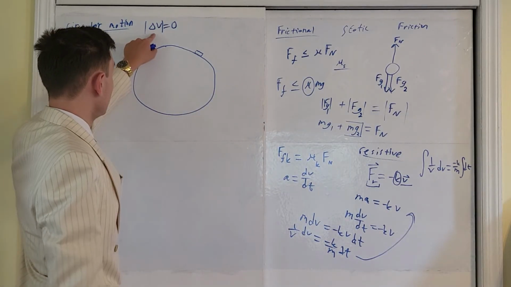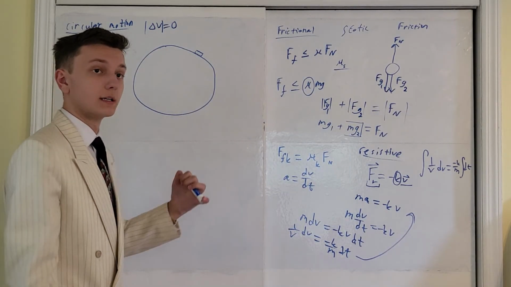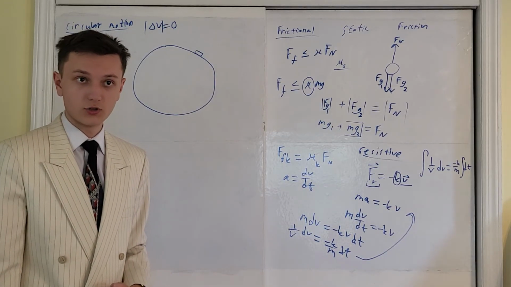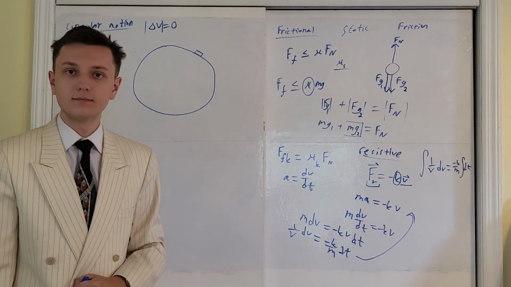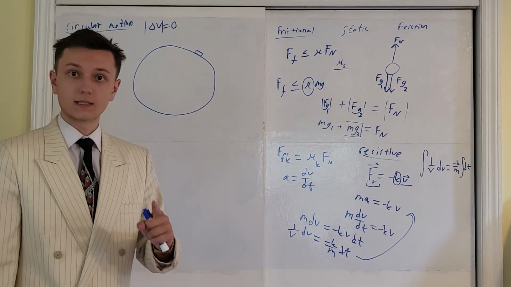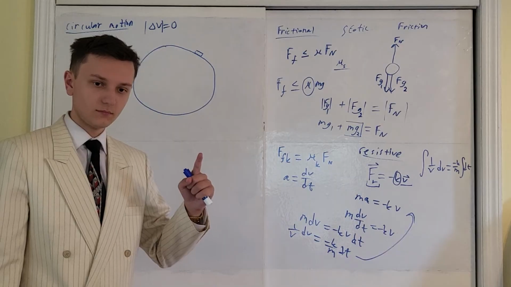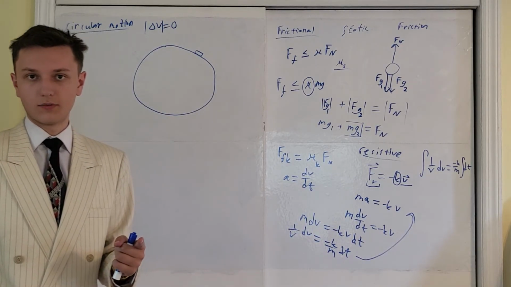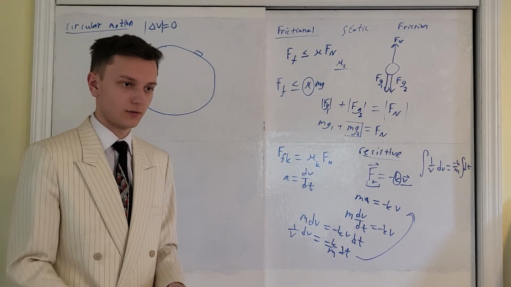So let me ask you this. If the magnitude of our velocity is not changing, but the direction of our velocity is changing, do we have an acceleration? Yes, we do. Because the acceleration does not need to act on the magnitude of the velocity, it can act only on the direction, right?